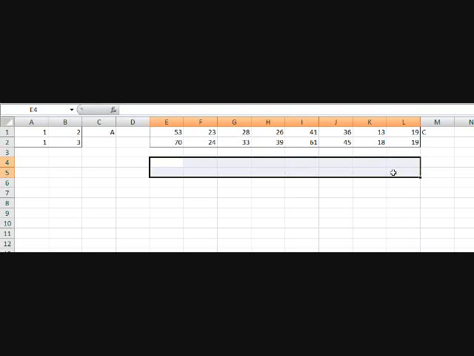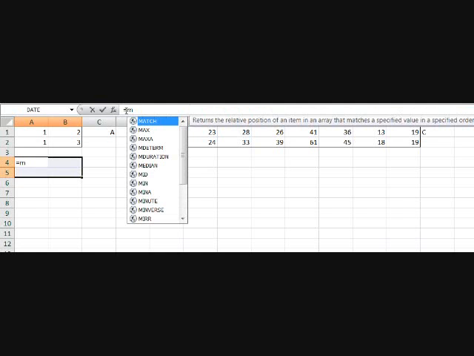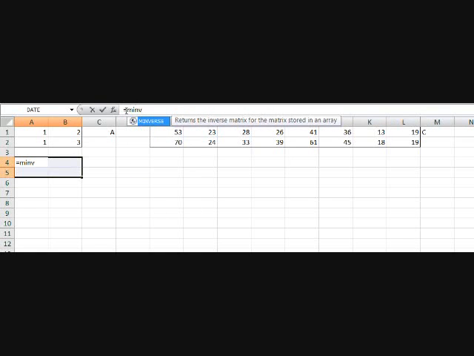Okay. Before we do that, we have to invert our action matrix, and since our action matrix is 2 by 2, we know the inverse has to also be 2 by 2. So what we're going to do is highlight this 2 by 2 area, and then to invert this matrix, we type in these commands. It's equal to MINVERSE, that's M inverse.